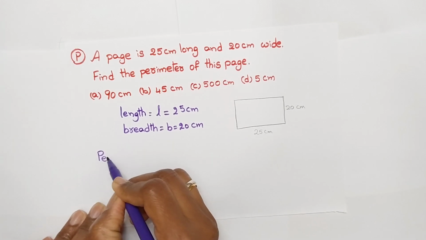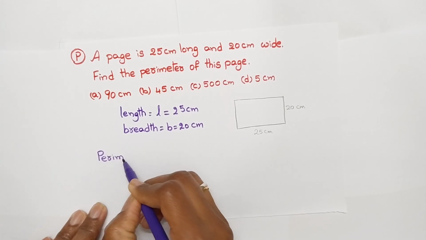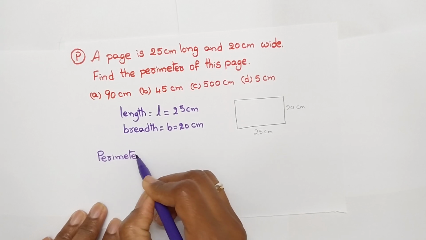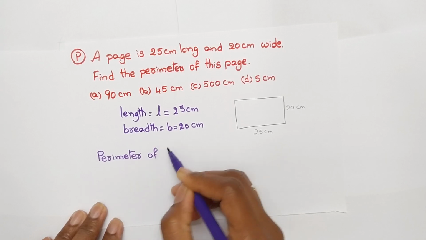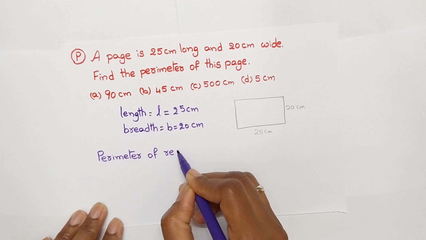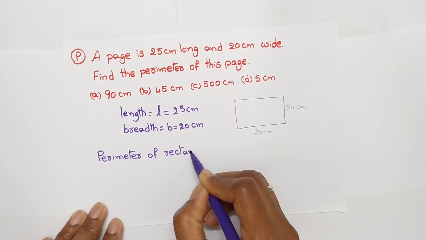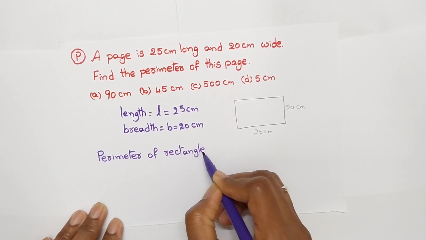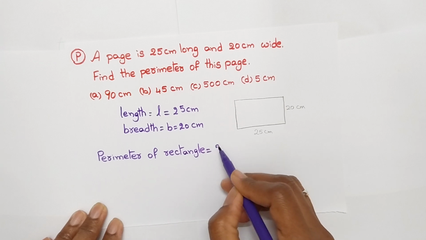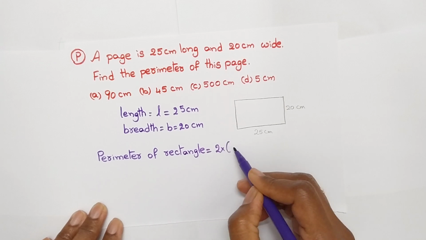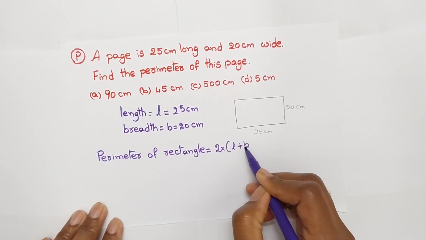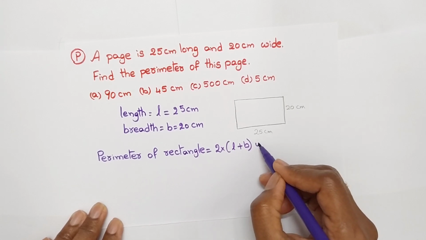Now we write down the formula. Perimeter of rectangle equals 2 into L plus B units.